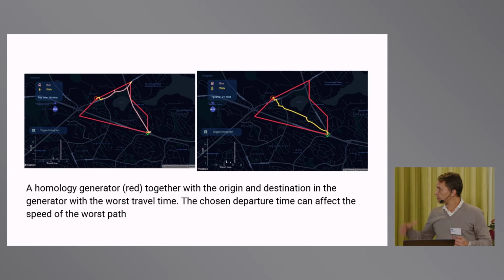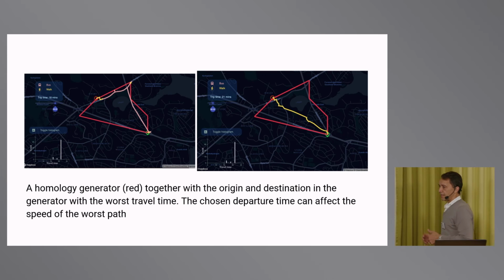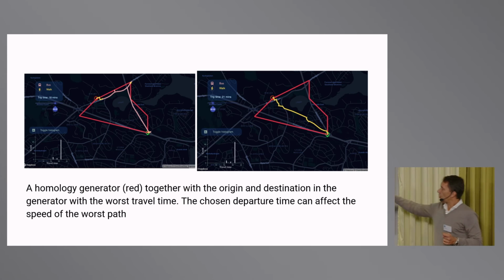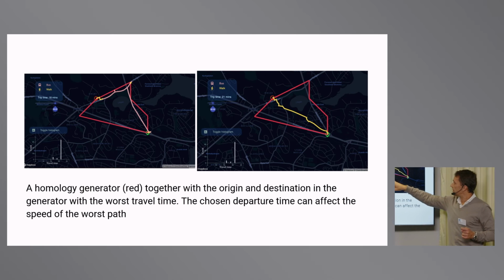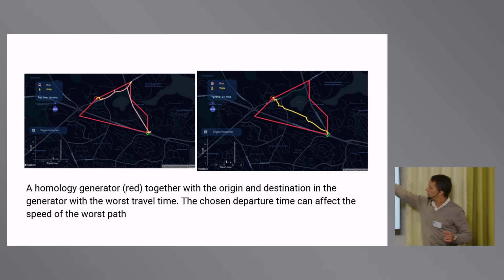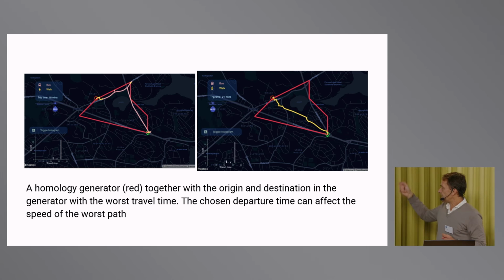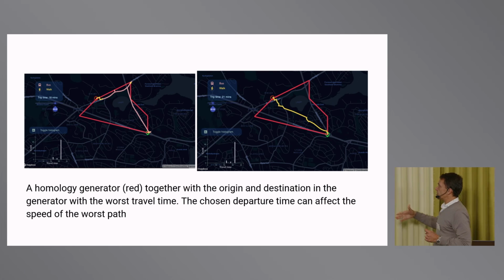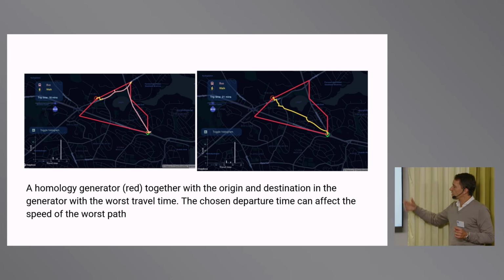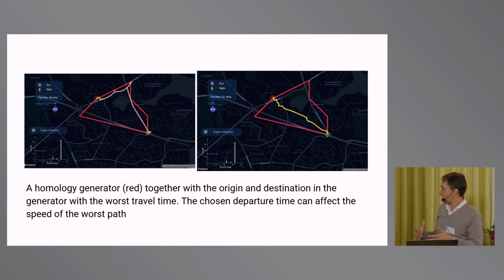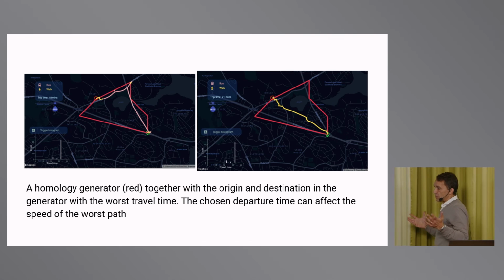And this is just a snapshot of the web tool that we have designed to identify these topological holes. On the left you see different modes of transportation that you can activate or not. One important point when you use transit is also the starting time of your trip, because, for instance, bus lines are not always there.